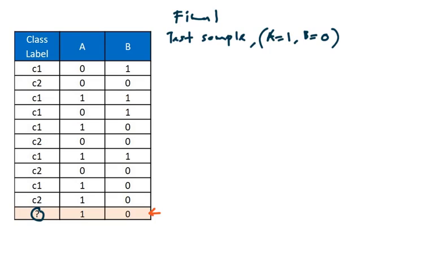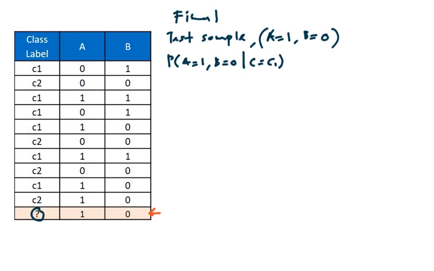The first thing you need to find is the probability when A equals 1 and B equals 0 given C equals C1. So let's try to find this first.